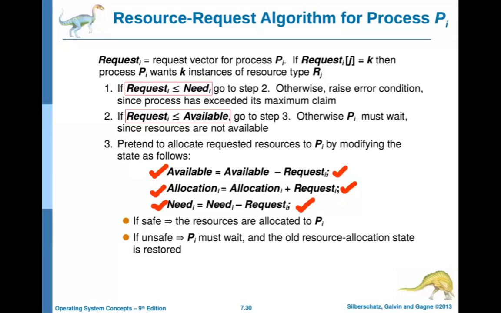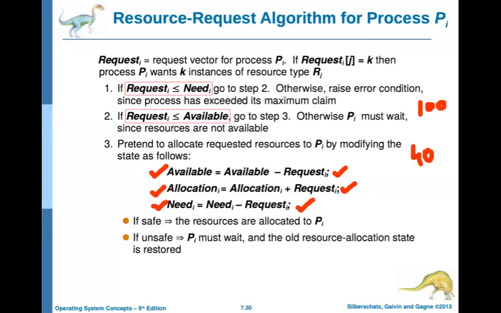Let me explain in very simple terms. Say for example, the maximum I require is 100. You can even think in terms of money. What I need at maximum is 100. Currently what is allocated to me is, say, 40. So definitely the need is 60. And say available is 75.